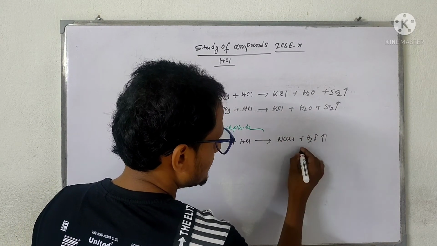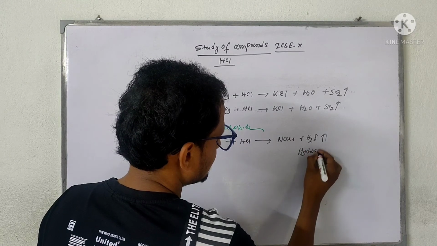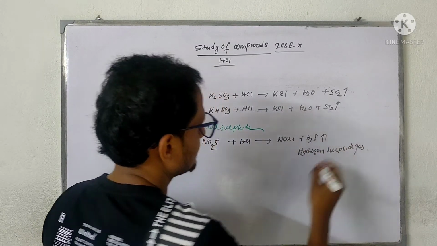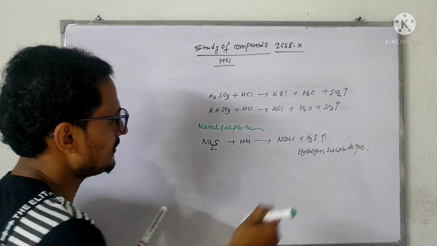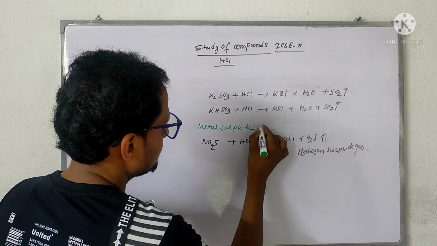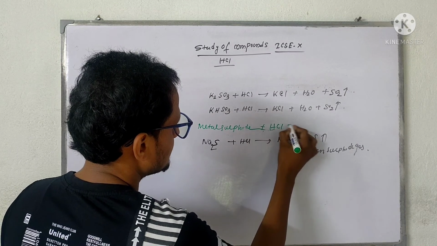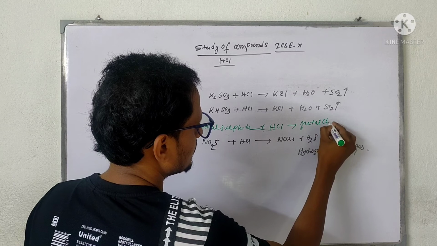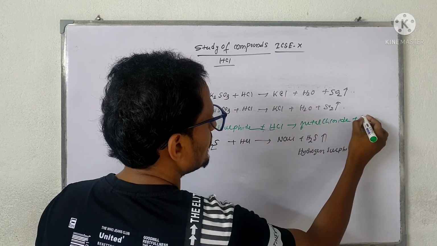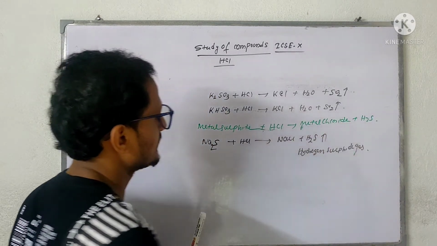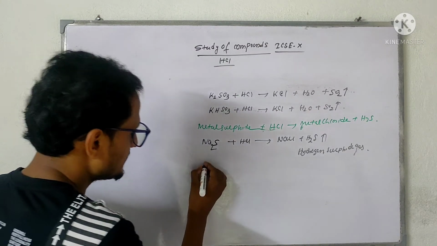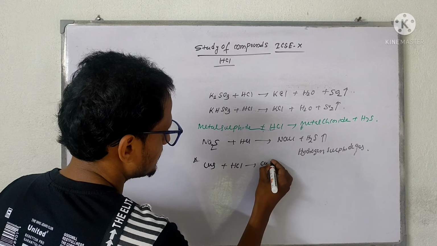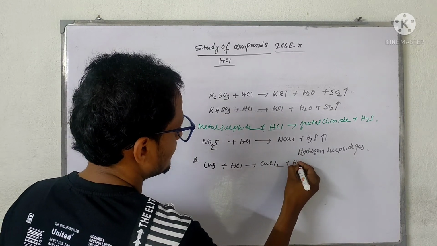This H2S is called hydrogen sulfide gas. So metal sulfide plus HCl forms metal chloride with H2S. Same reaction, copper sulfide, this is a very important reaction, plus HCl, it will form copper chloride plus H2S.